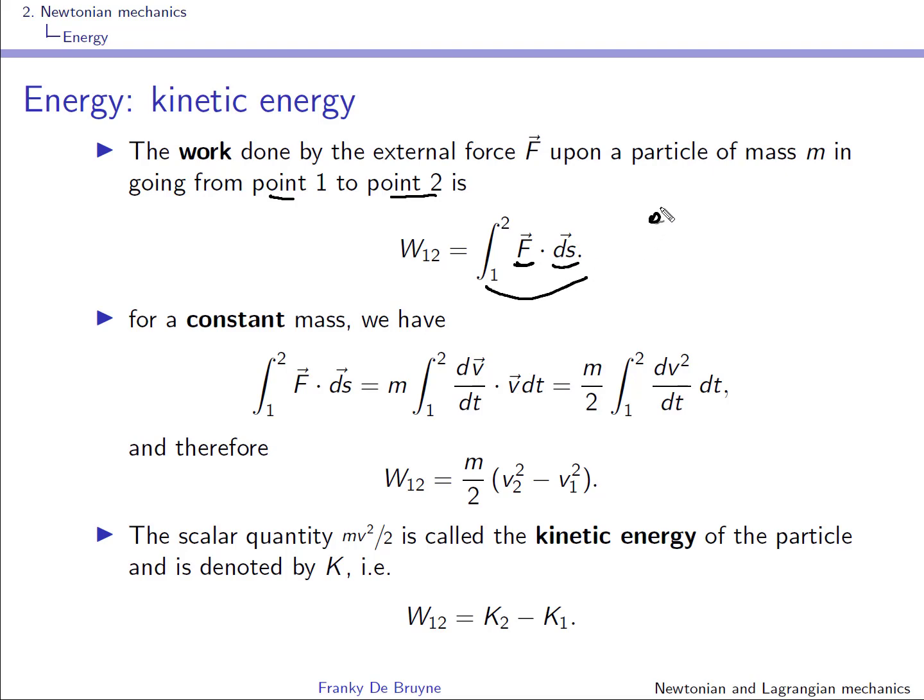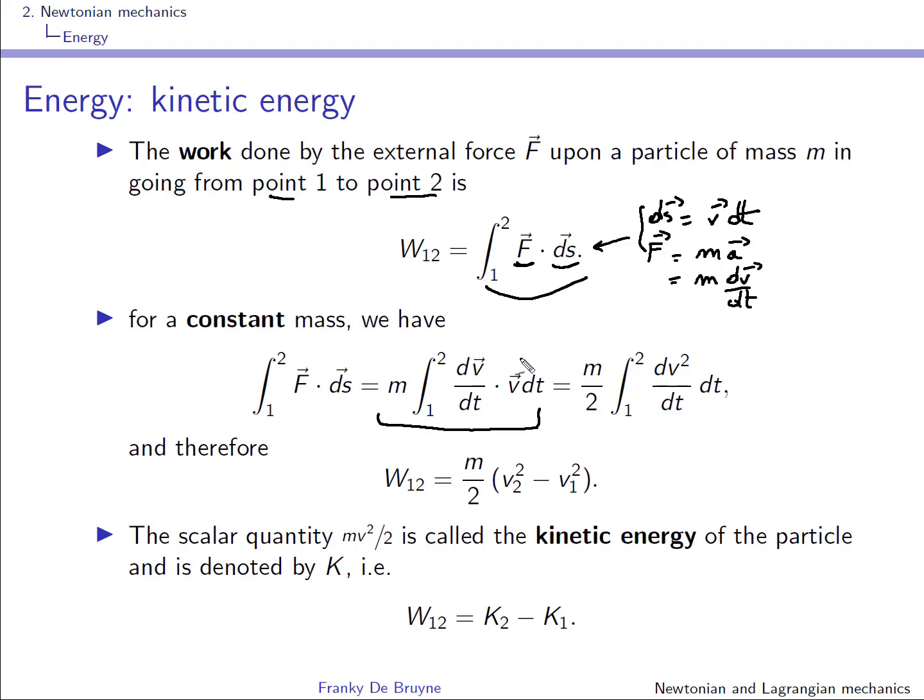So this displacement vector you can write as the velocity vector times dt. We know from Newton's second law that force is mass times acceleration vector, or stated otherwise, mass times the derivative of the velocity vector. So if we stick these in this one, this is what you obtain.